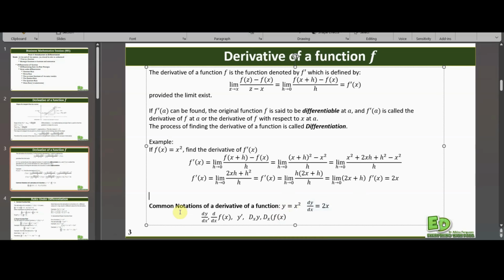So these common notations, dy over dx, d f of x over dx, y prime, are all the same as finding the differential of the function. It depends on what you have here. If it is y, dy over dx; if it is f of x, we would say f prime of x.